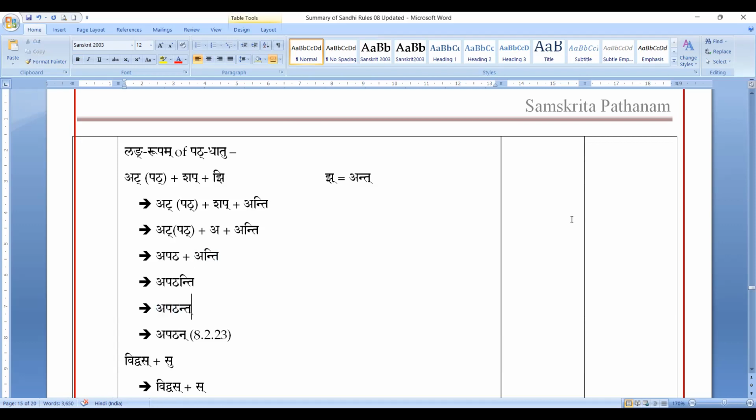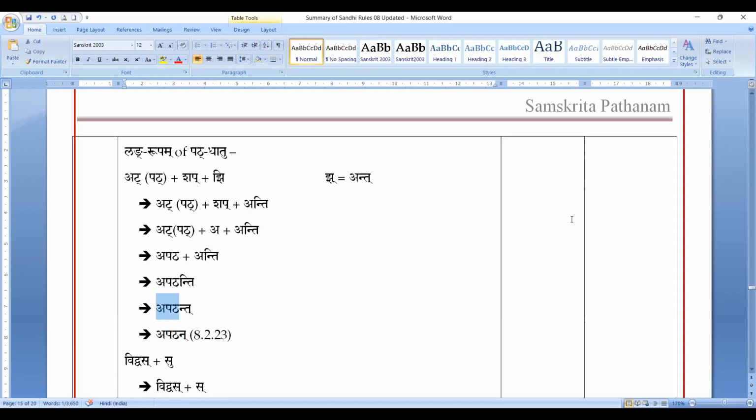This is a Sanyoganta Padam, because it's a Kriya Padam, a Tingantam Padam. This Ting Pratyaya is added, therefore it's a Padam. So Sanyogantasya Padasya: the Pada having a Sanyoga, a conjunct consonant, the last letter of it will be dropped. Antima Varnasya, that is Takarasya lopaha bhavati. Therefore, you have Apatan.